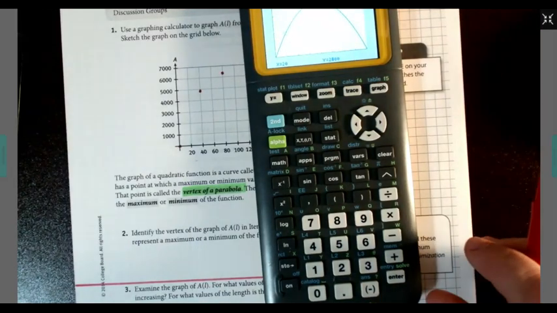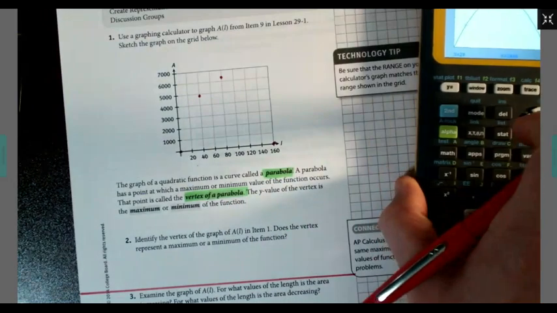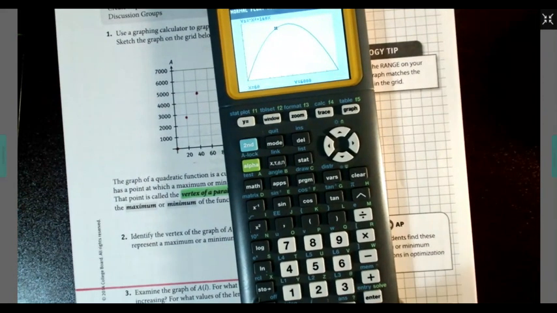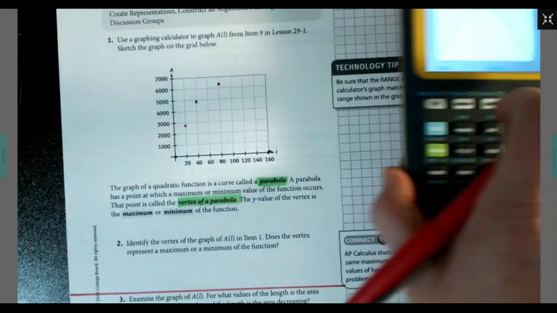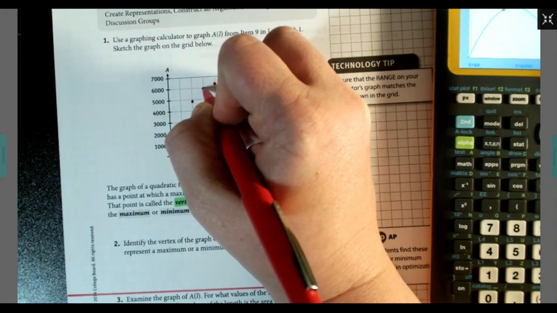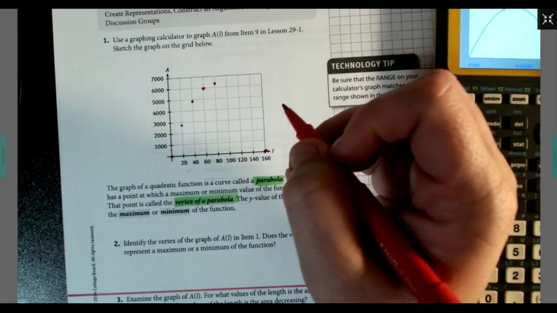Let's do 20. It tells me 20 is at 2,800. Right about here it looks like. How about 60? 6,000. These numbers sound oddly familiar.